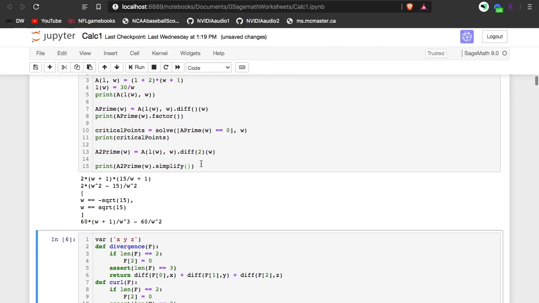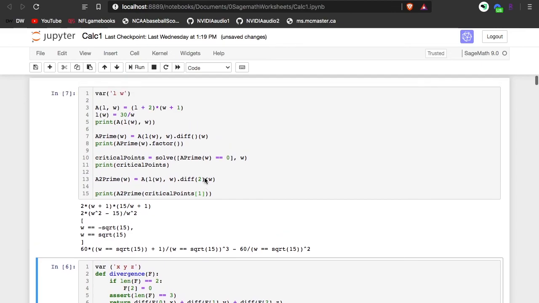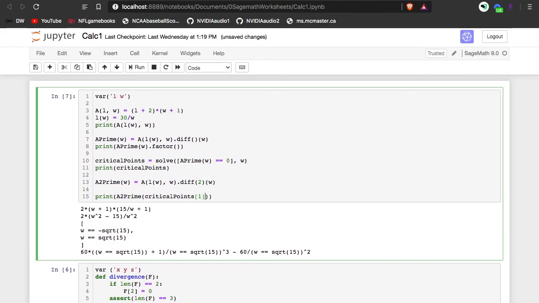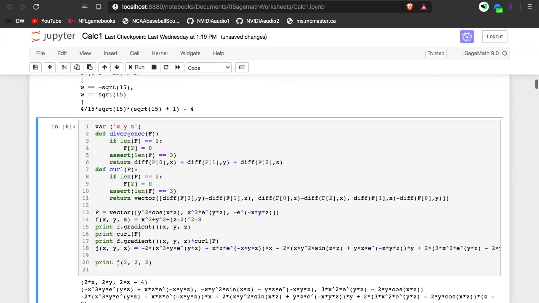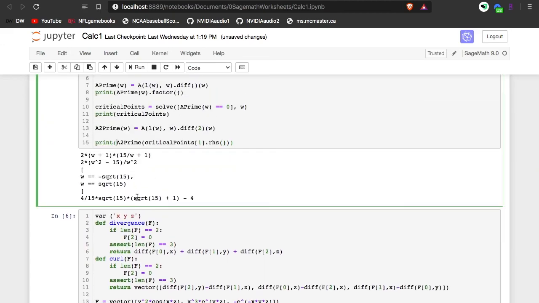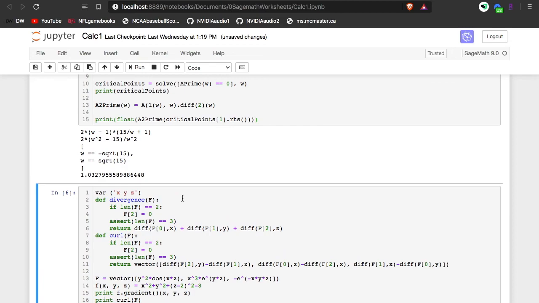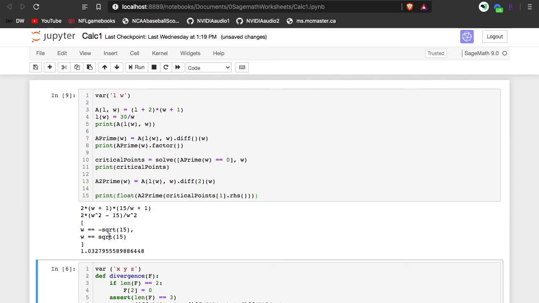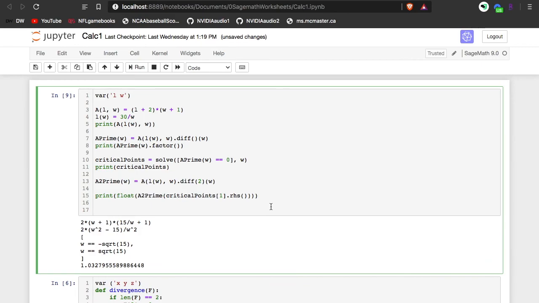No. Okay. There. Okay, so that gives us our critical point, the one we're concerned with. And what we see is that we get a positive value. So we get that our second derivative evaluated at the critical point square root of 15 is something positive. So that tells us we have a local minimum.